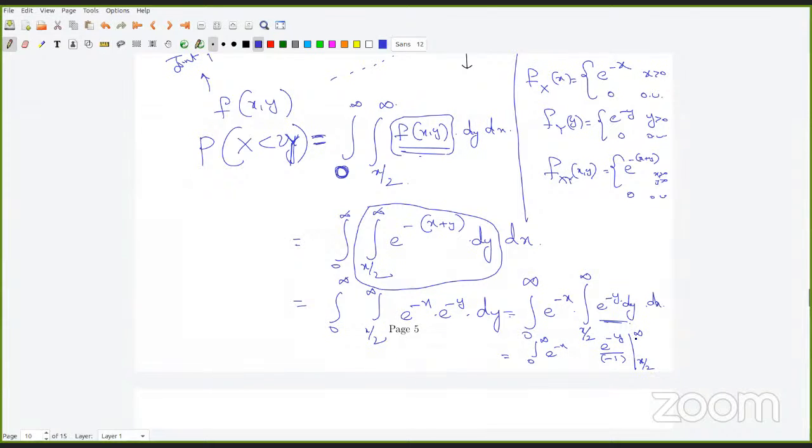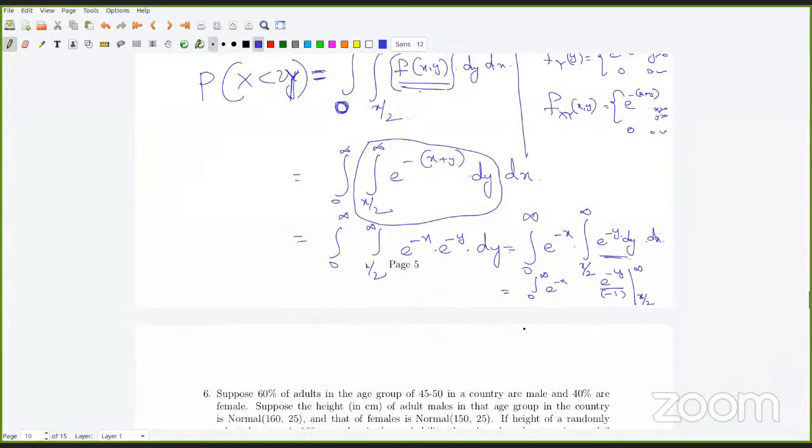So when y is tending to infinity, e to the power minus y will tend to 0. So we will exclude that term. That will be 0.